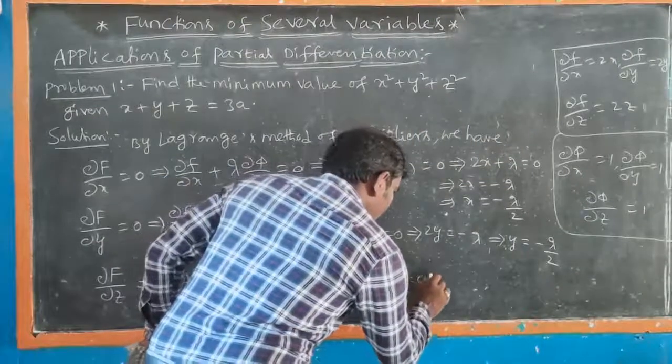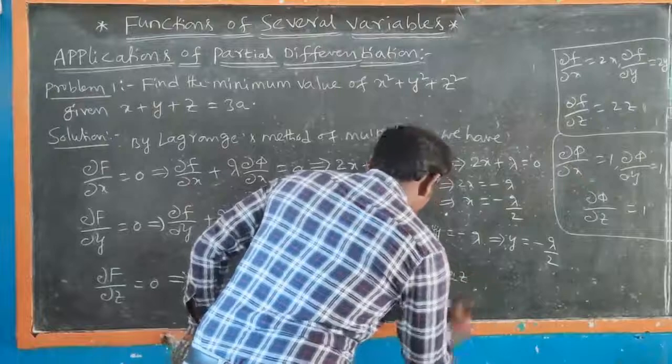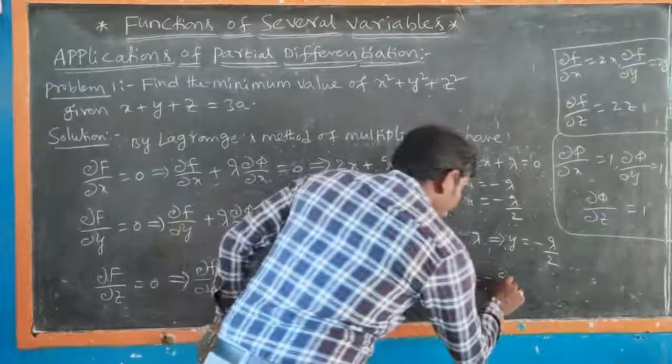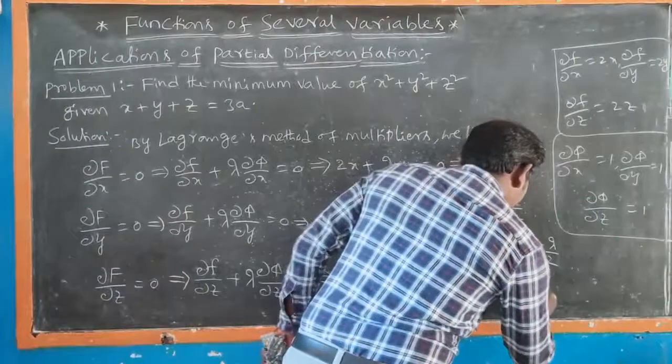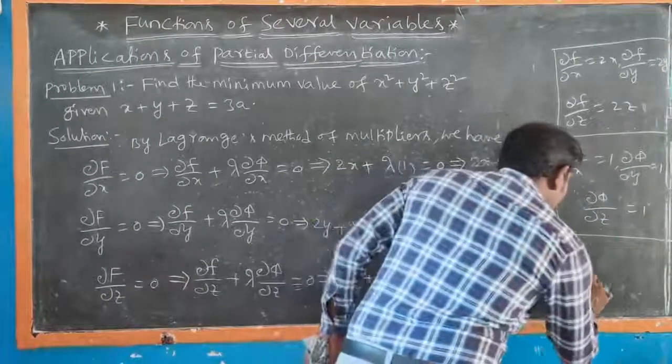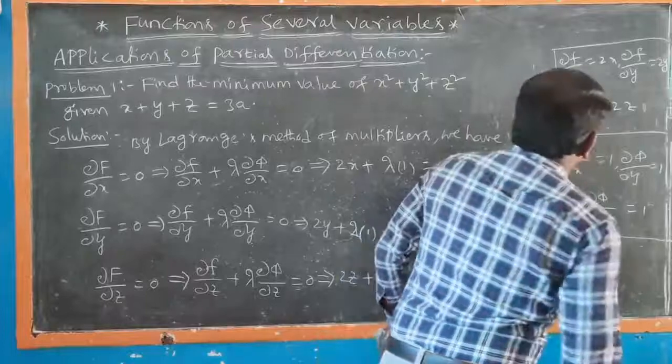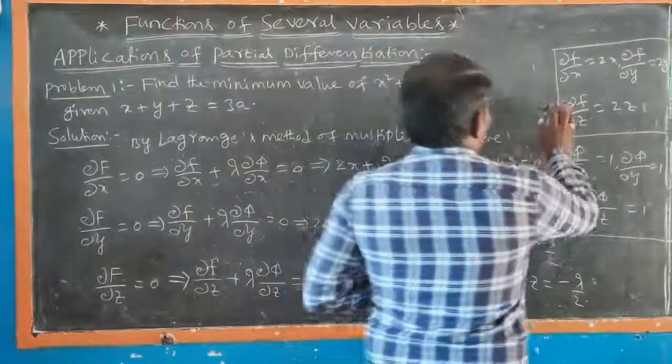So that equal to 0. That implies 2z is equal to minus lambda. Then that implies z equal to minus lambda by 2.